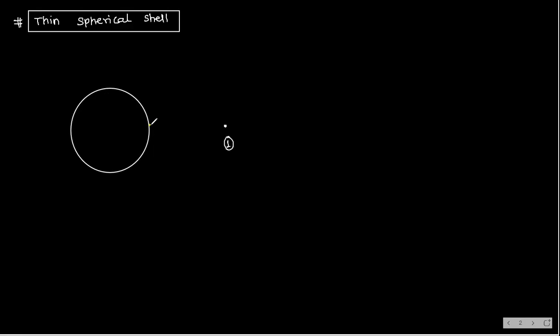This is number 2, on the shell. And this is number 3, somewhere inside the shell. And the radius of this shell is A. So how many points we are having? 3 points. Number 1 outside, number 2 on the shell, and number 3 inside the shell.